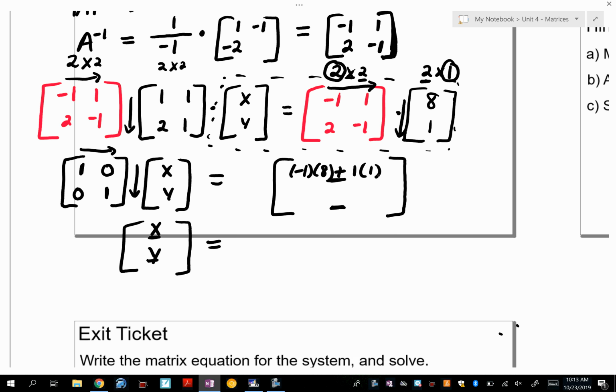The second one is going to be 2 times 8 plus -1 times +1. Everybody good? So now we're ready to write our answer. If you're not good, please raise your hand and ask.